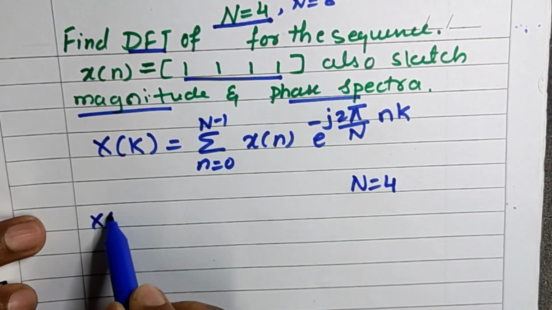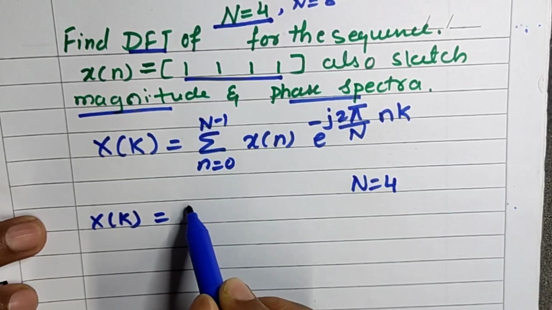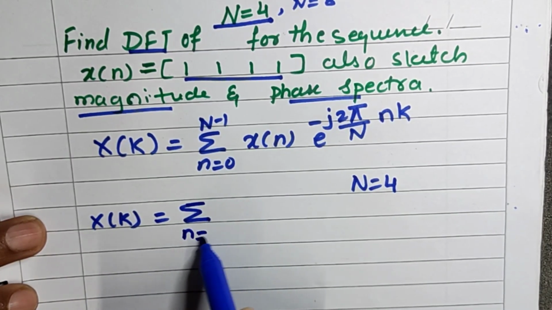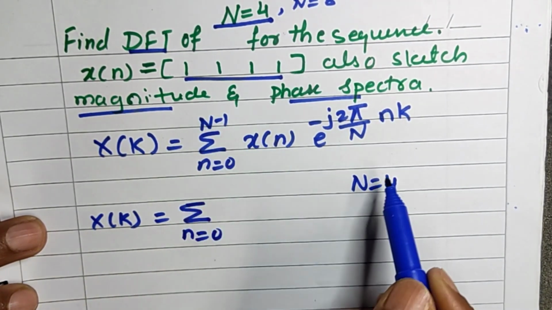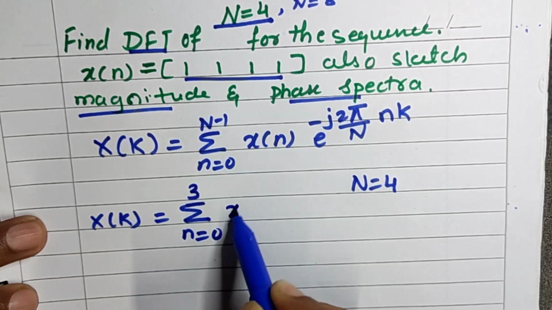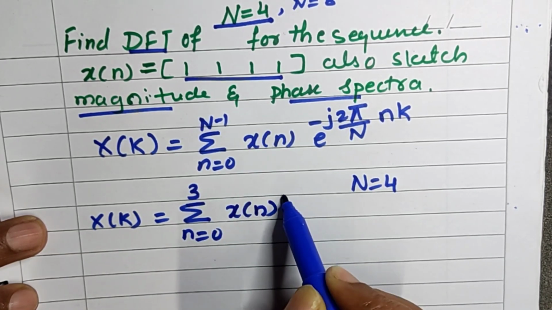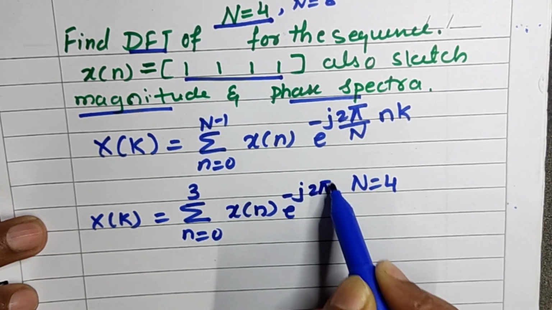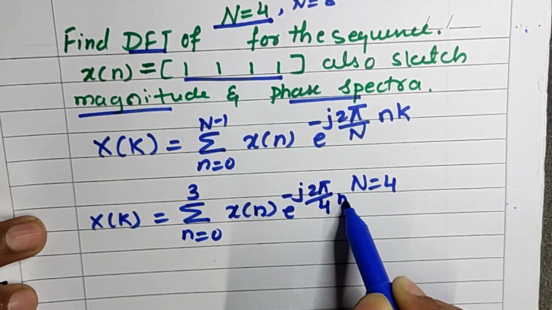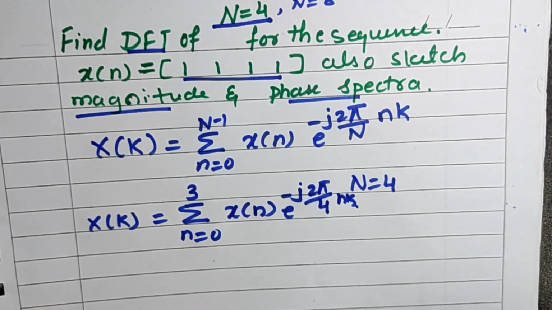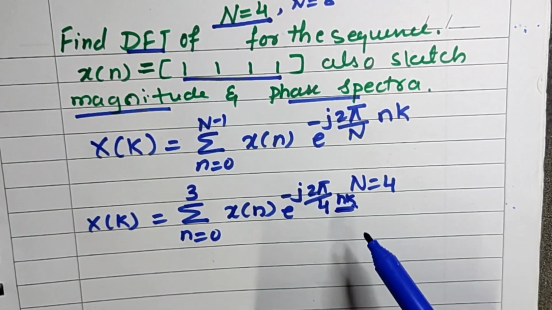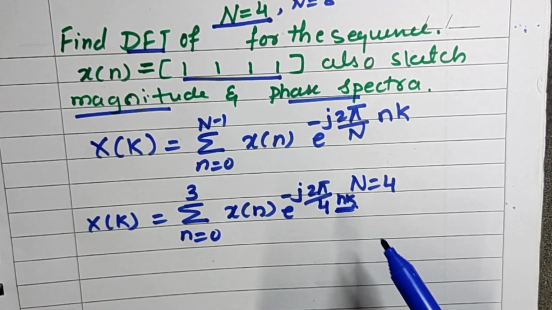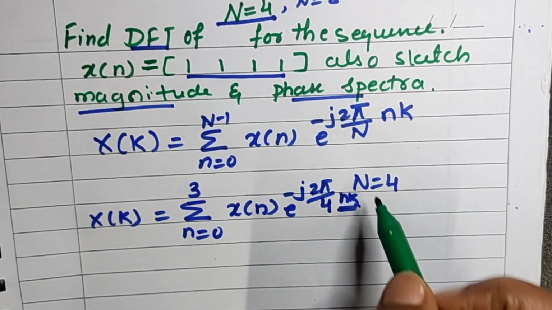So X of k is equal to summation of n is equal to 0 to 4 minus 1, which is 3, x of n into e raised to minus j 2 pi by 4 into n k. As it varies in two dimensions, n and k, now we will concentrate on n.